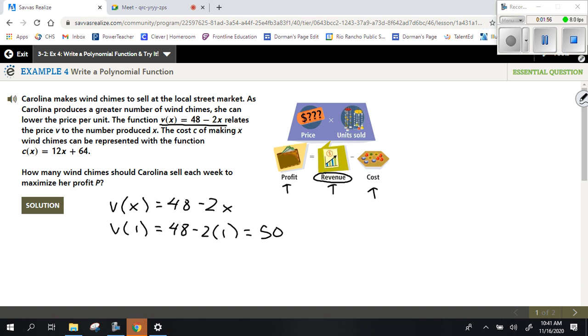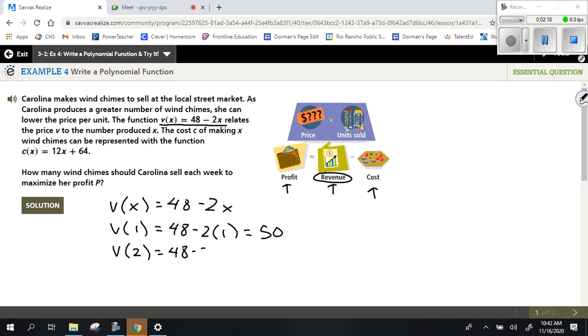But what we'd like to know is how much is made if she makes one. Well, she would make $50. But what would happen if, so let's look at V of 2.